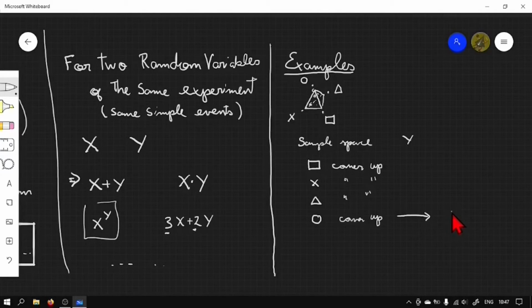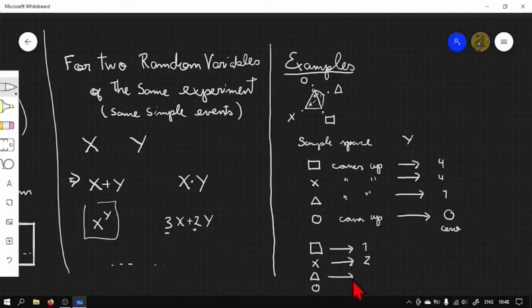So for circle is 0, for triangle is 1, and for X and square was 4. This was the random variable we used in the previous videos, but we can use a different one. We can also assign to square 1, to X 2, to triangle 3, and to circle 4. So now I will call this random variable z.